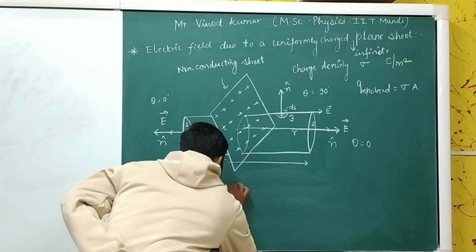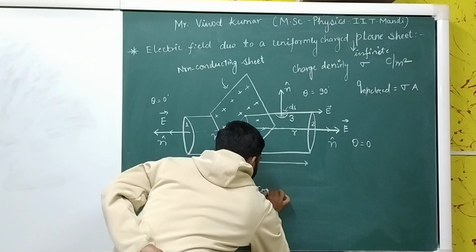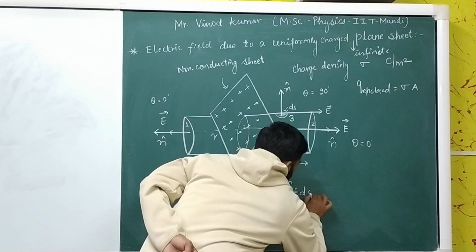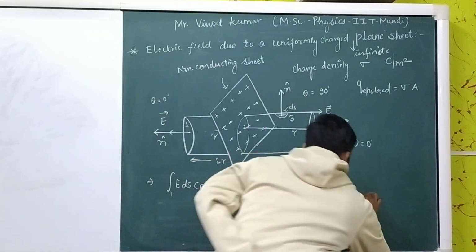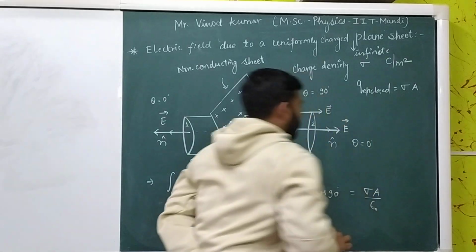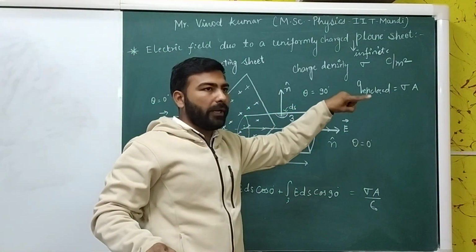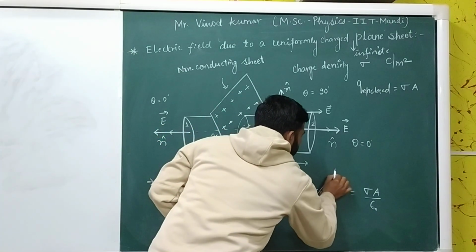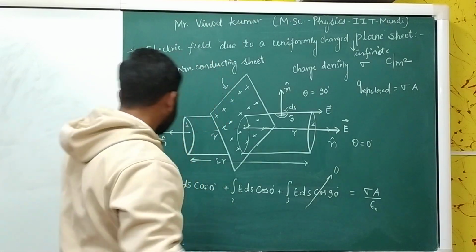For the second also it is E ds cos 0 degree, and for the third it is E ds cos 90 degree, equals sigma into A upon epsilon naught, because the charge enclosed is sigma into A. Now cos 90 degree, as you know, is 0, and cos 0 degree is 1.